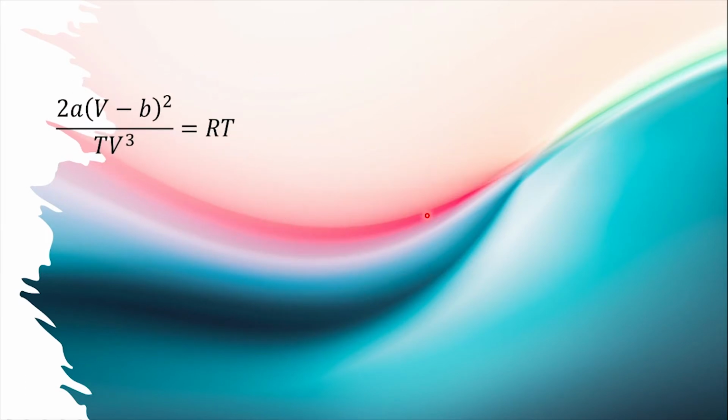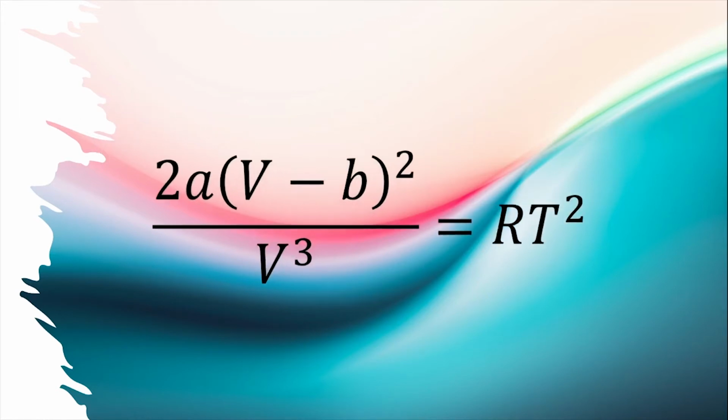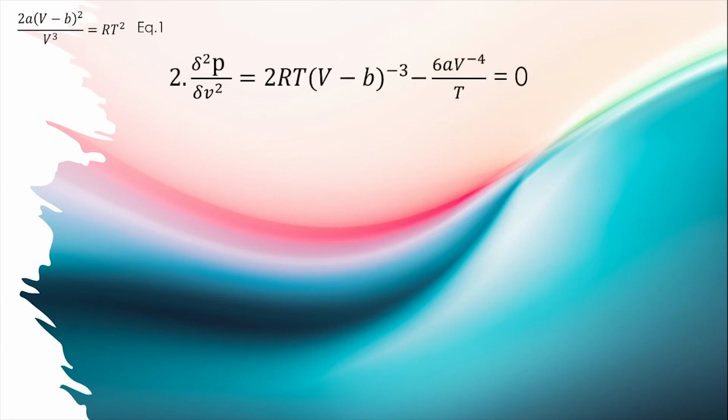Next we'll multiply both sides by T so that we'll have RT squared. Now, take note of this equation as it becomes our equation 1. Now we move to the second derivative.